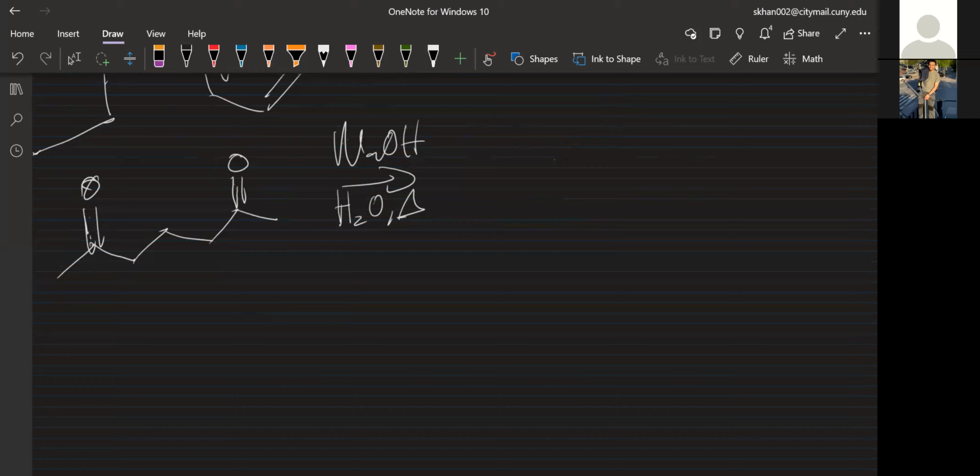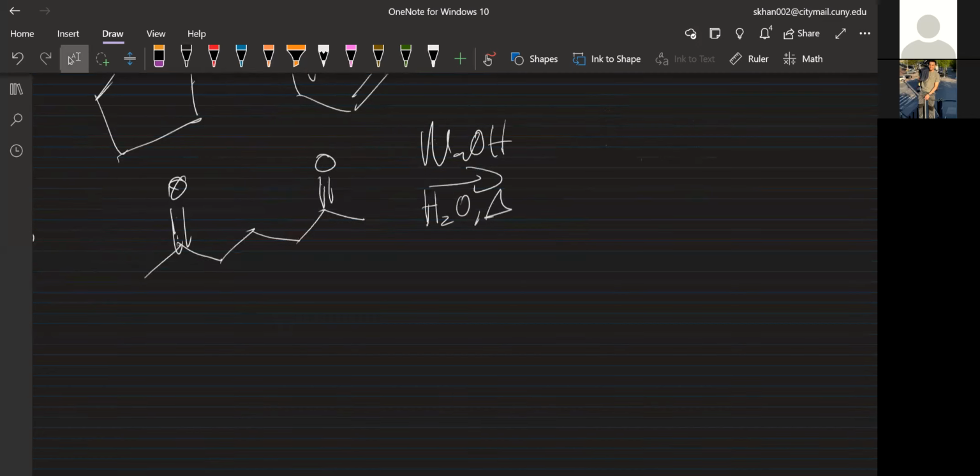Okay, so first of all, let's do a carbon count: 1, 2, 3, 4, 5, 6, and 7. How many alpha positions do we have here, since we have 2 carbonyls? 4.